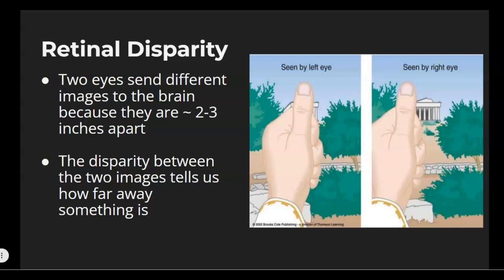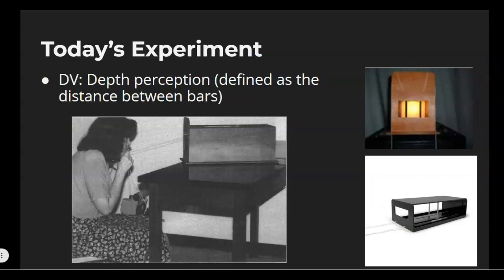What you should see is that you get pretty different images based on which eye you're looking at. So the disparity between those images tells our brain how far away something is. That's retinal disparity. So obviously I need 2 eyes to see those sorts of cues.